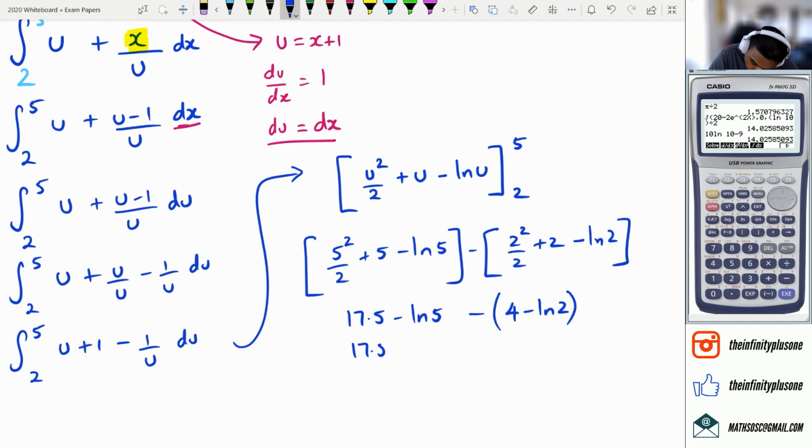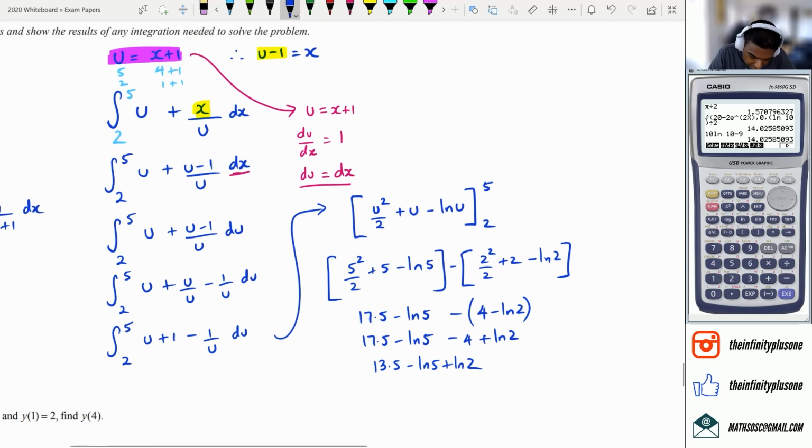Expanding it, I get 17.5 minus ln of 5, minus 4 plus ln of 2. You could put this in the calculator and get the answer: 13.5 minus ln of 5 plus ln of 2.